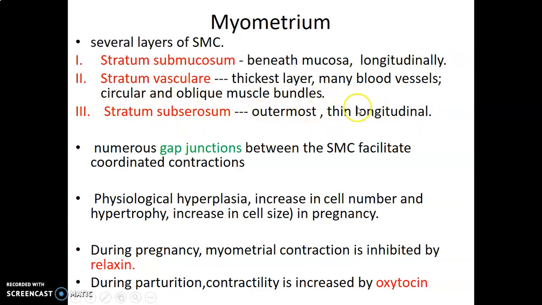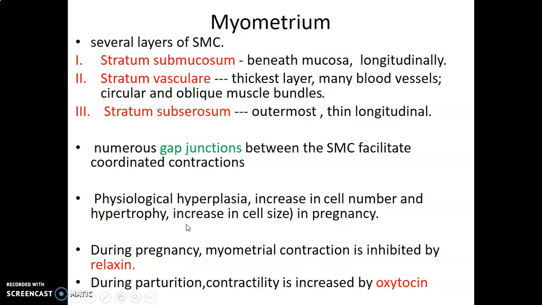Now, the smooth muscle cells in the myometrium have gap junctions between them, and this facilitates coordinated contractions. We have physiological hyperplasia of the myometrium, where there's an increase in cell number, and there's also physiological hypertrophy, where there's an increase in size, and this occurs in pregnancy.